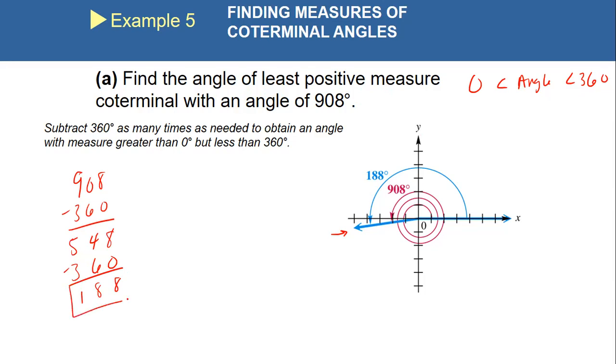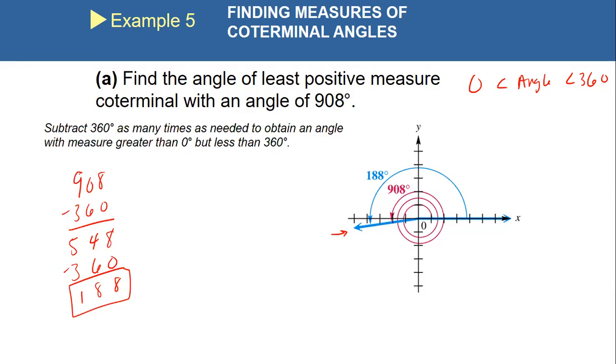So my smallest positive coterminal would be 188. That's a lot of words, so that's why I wrote a little italicized thing. If it's asking for your smallest positive coterminal, all you're doing is subtracting until you get between 0 and 360. The reason we're subtracting is because we start off with a big number.